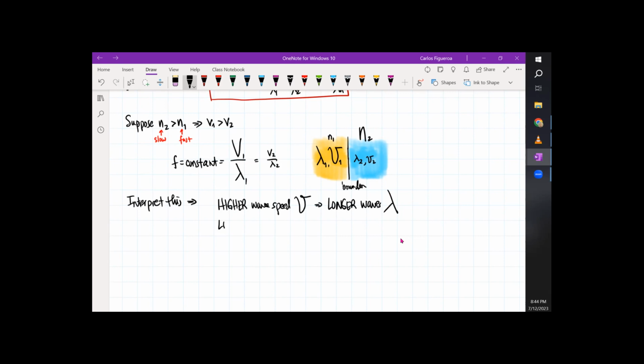But if I have a lower wave speed, then I have to have shorter waves.